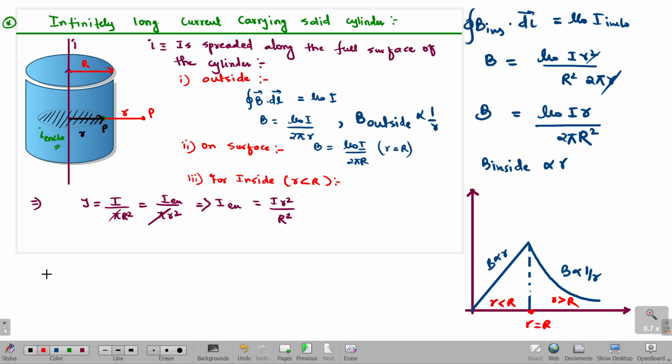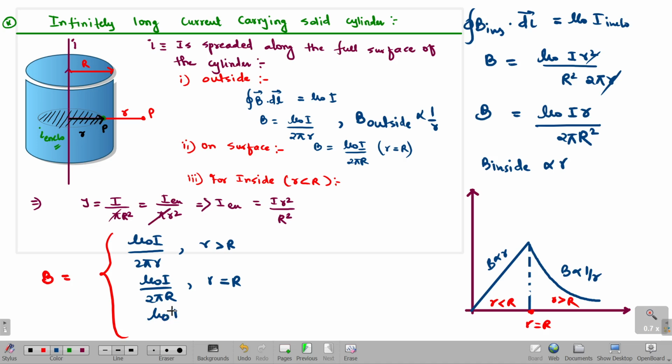So let's draw the conclusion. B is equal to mu naught I by 2 pi r for r greater than R, mu naught I by 2 pi capital R for r equal to capital R, and mu naught I r by 2 pi R square for r less than capital R. Is that clear?